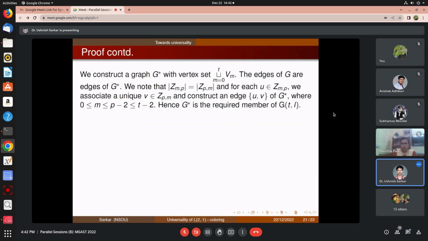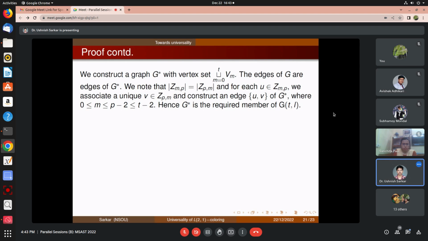Now we are constructing a graph G star, which is actually the universal graph, belonging to the universal family G(T,L), with vertex sets V_m, and the edges of G are edges of G star. Also, there is an interesting fact that the size of Z_mp and the size of Z_pm are basically the same.